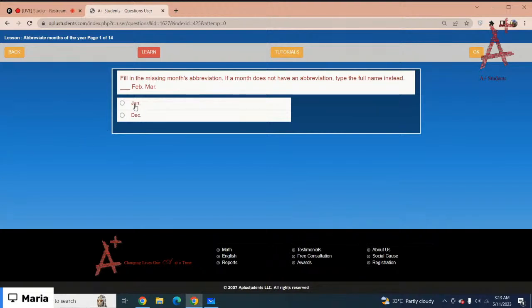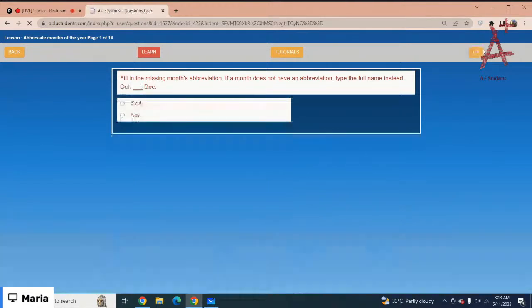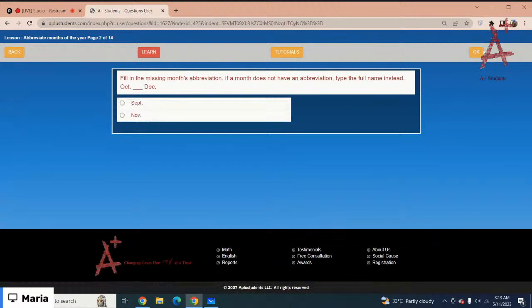Jan, option number one, is the correct option. Now, which is the month between October and December? That would be November. NOV is the correct option.